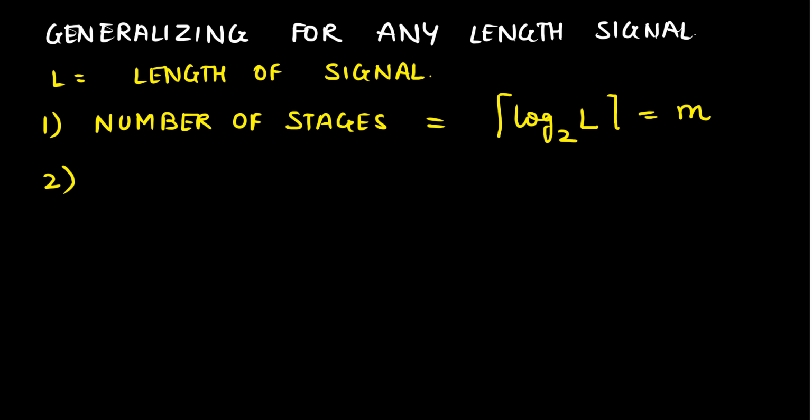And once we have this m, we know that this L need not be equal to N, so in that case the value of N can be obtained as 2 to the power m.